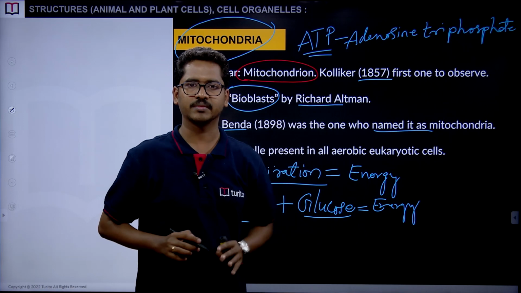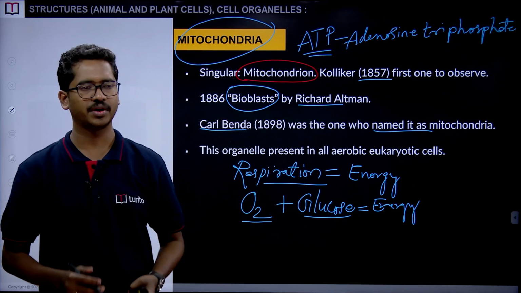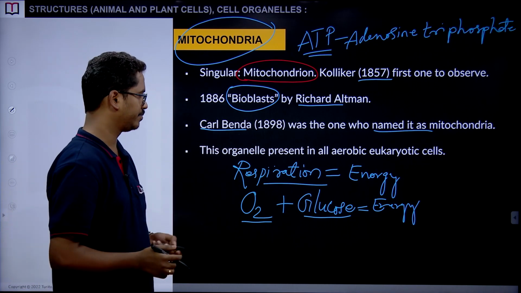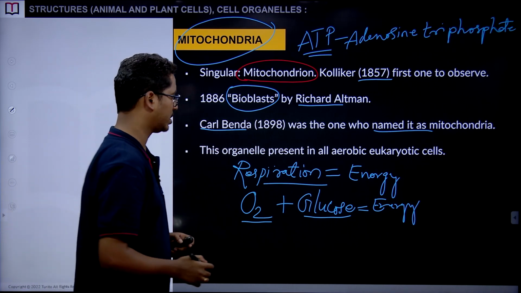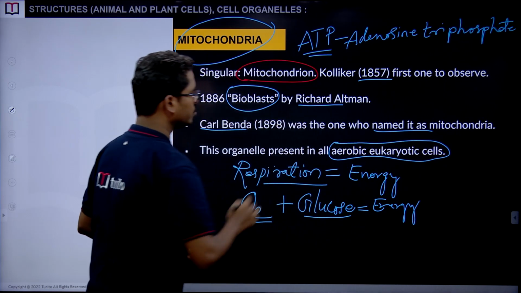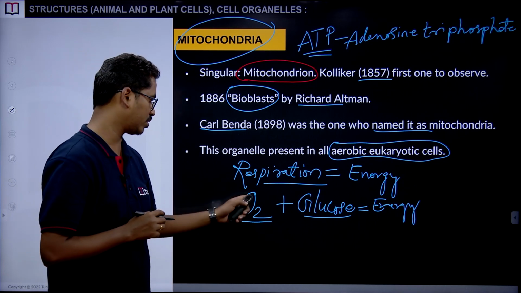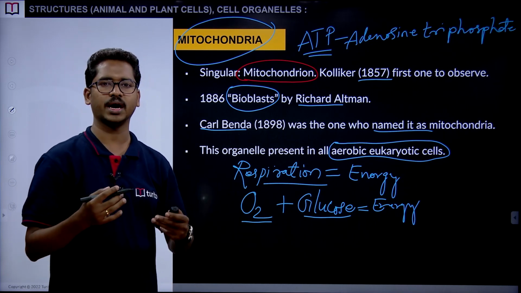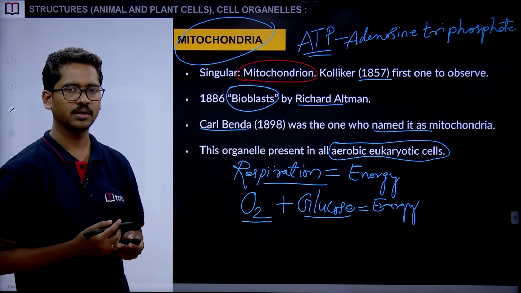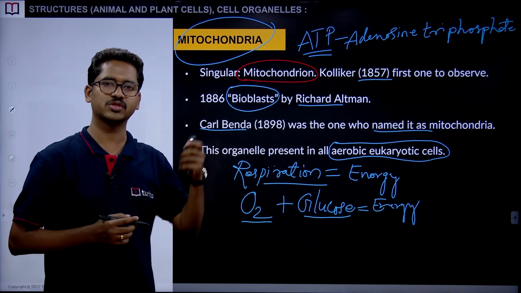Adenosine triphosphate is the energy currency of the cell, and that is generated by this particular organelle. That is why I was telling you we find this organelle in aerobic eukaryotic cells only. Why aerobic? Because they use oxygen. Eukaryotic means the higher order cells, okay. That is how we get energy using this particular organelle in each and every cell of our body.